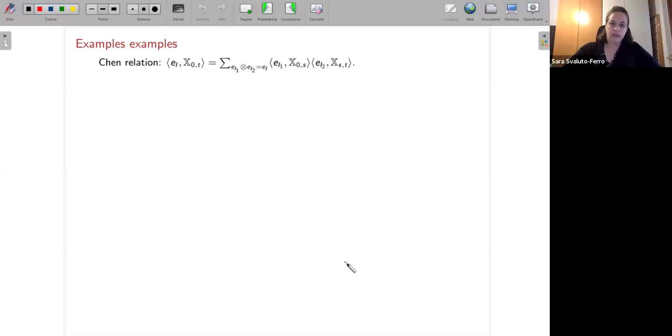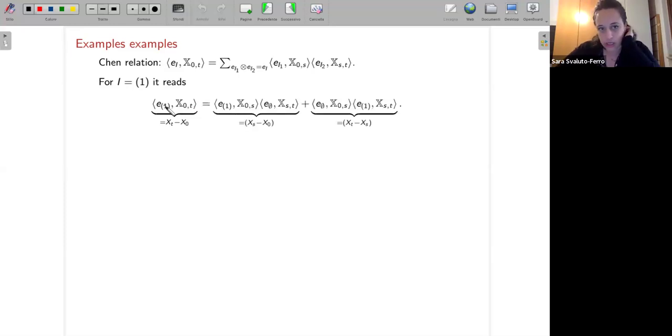For example, maybe I can do this a bit quickly, or I will still be speaking about the nice properties of the signature at the end of the seminar. Suppose that you want to know what is the first component of the signature at time t. You use the chain relation and you say, how can I write the word 1? The word 1 I can write as 1 and nothing, or nothing and 1.